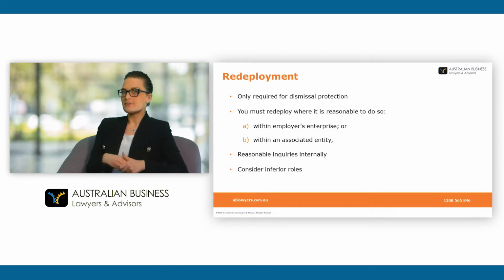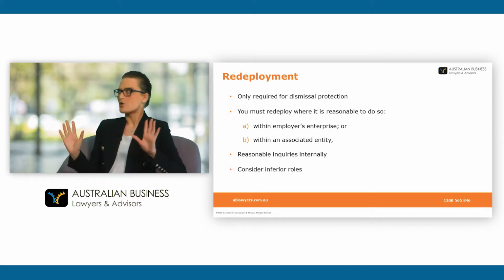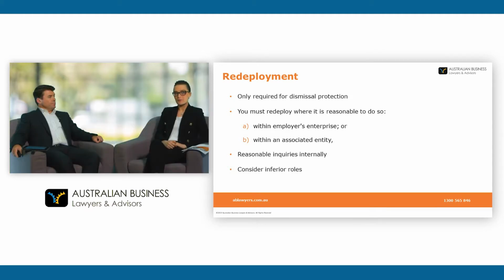And the employee successfully appealed a first instance decision that the termination was not harsh, unjust or unreasonable in an unfair dismissal claim, because he was able to put on some evidence to show that there were redeployment opportunities for him at this other location. The business had given evidence, oh no, we didn't have any redeployment opportunities, but they actually did. They just didn't consider more widely in the business. And so that decision was successfully appealed, and was remitted back to the original commissioner to make a final decision.